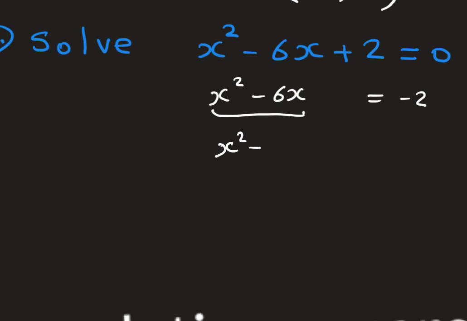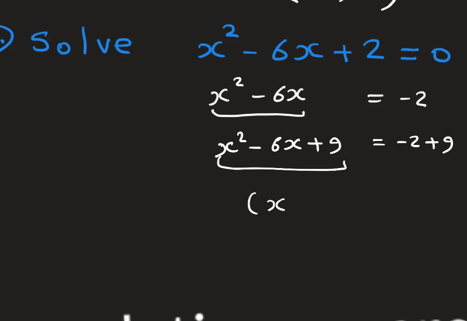x squared minus 6x plus 9 equals negative 2 plus 9. Now this perfect square can be written as x minus 3 all squared equals 7. Take the square root of both sides.